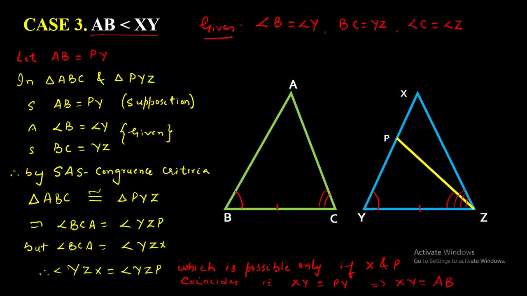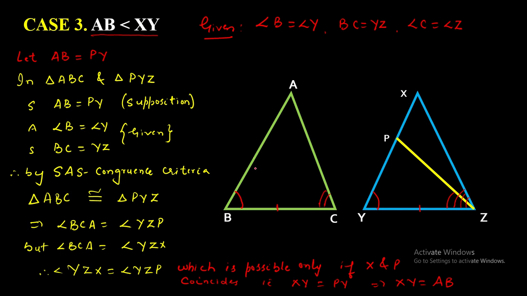Thus in all the three cases, we got correct statements only if AB was equal to XY. So we can say that these two triangles are congruent if AB is equal to XY.